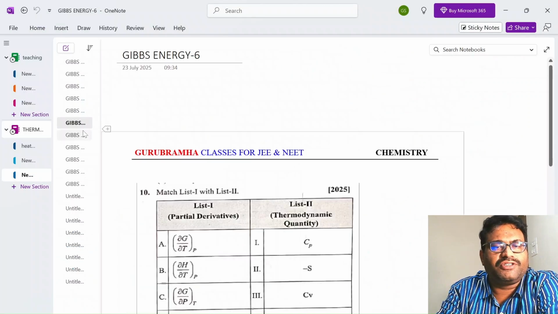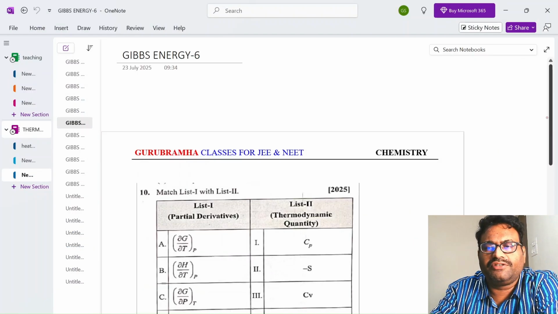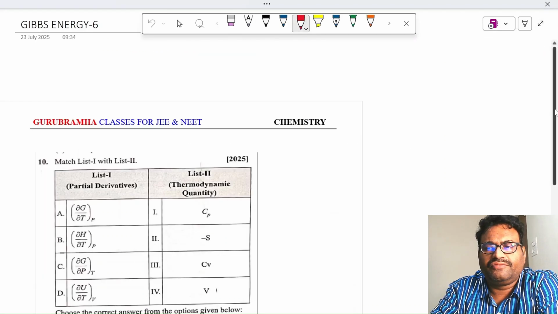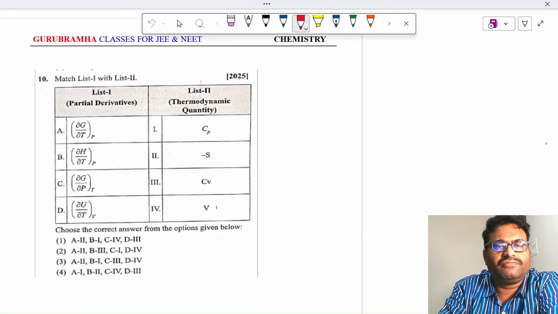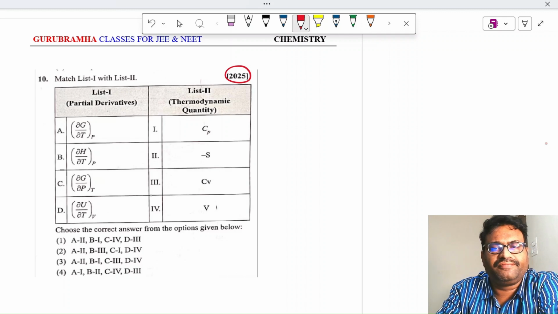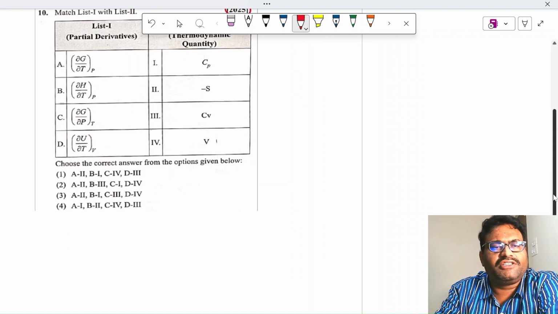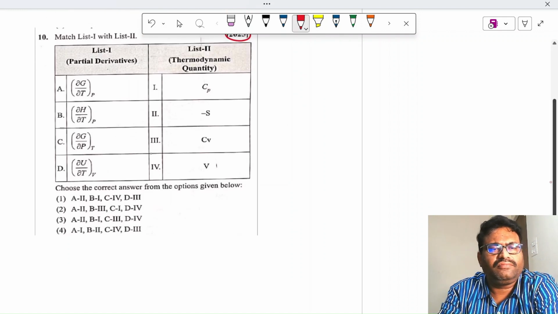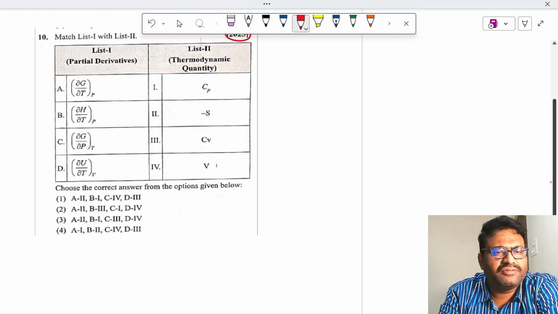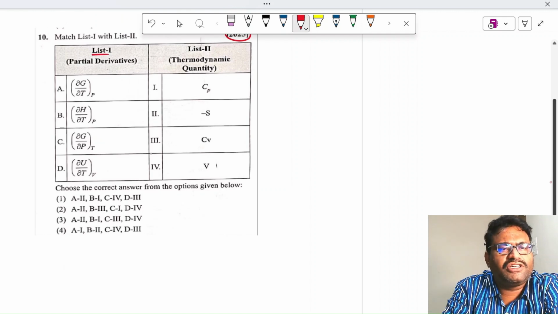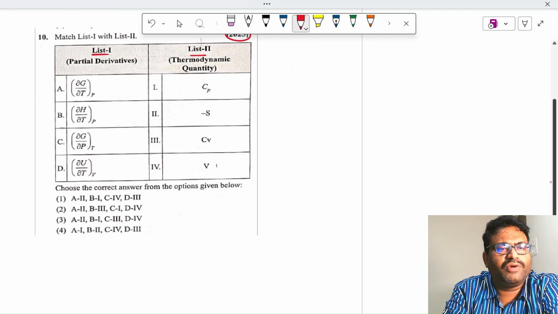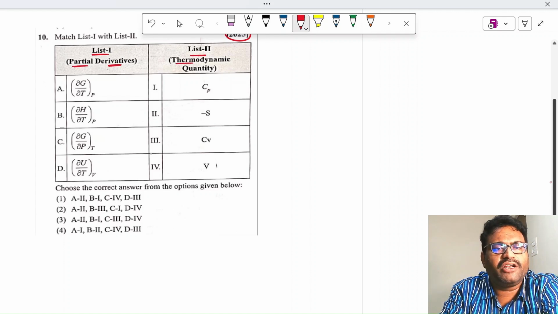Let us see the next question. Here is the question, which is asked in 2025. Let us see that. Here two lists are given. One is a partial derivative list, another is thermodynamic quantity.